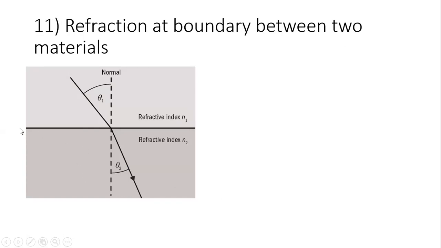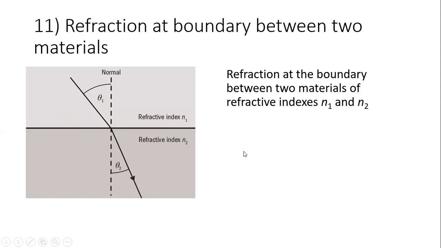We call that line there the boundary or interface. Refraction at the boundary between two materials, this medium 1, this medium 2, one with refractive index n1, one with refractive index n2, is n1 sine theta 1 equals n2 sine theta 2.